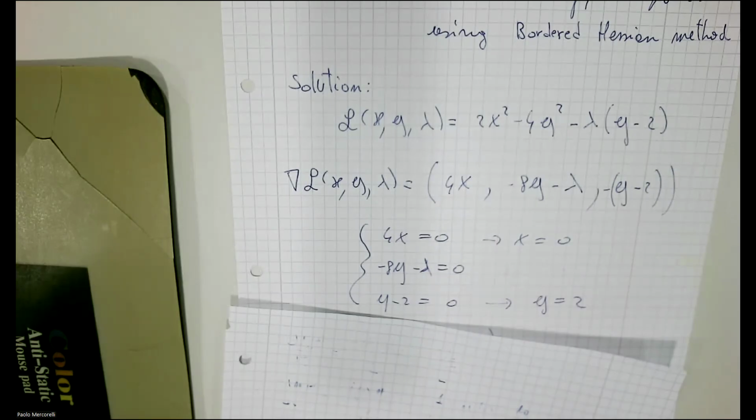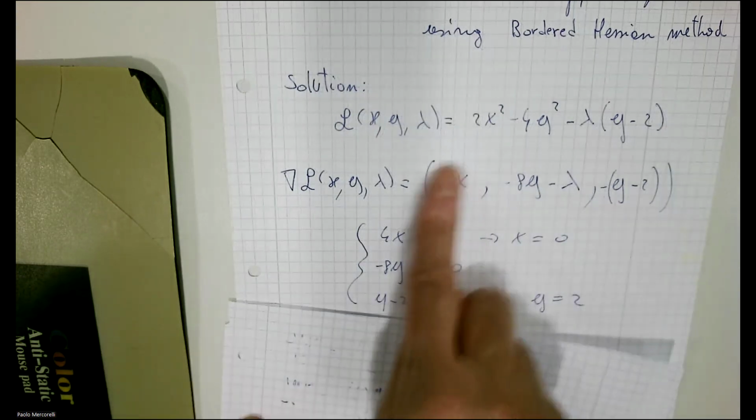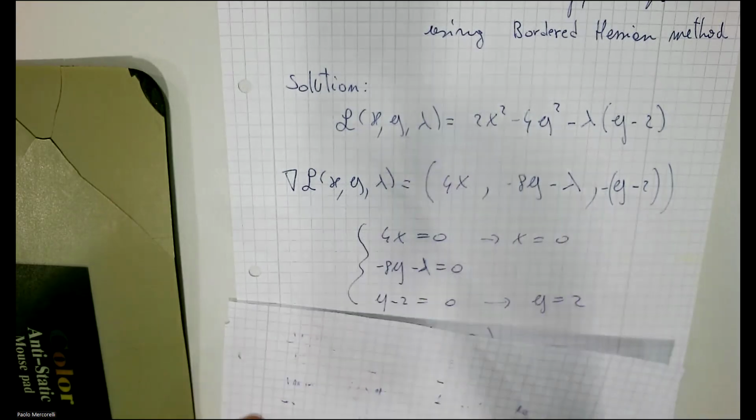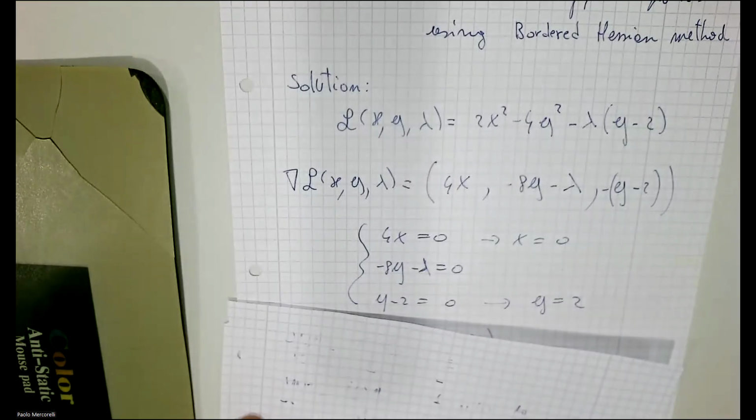This I didn't put in the memorandum, but I suppose that you remember that the maximum and minimum are related to the derivative equal to 0. In this case the concept of the derivative is more extended, because you have more than one variable, so we have the gradient, or better to say the vector, of the partial derivatives.